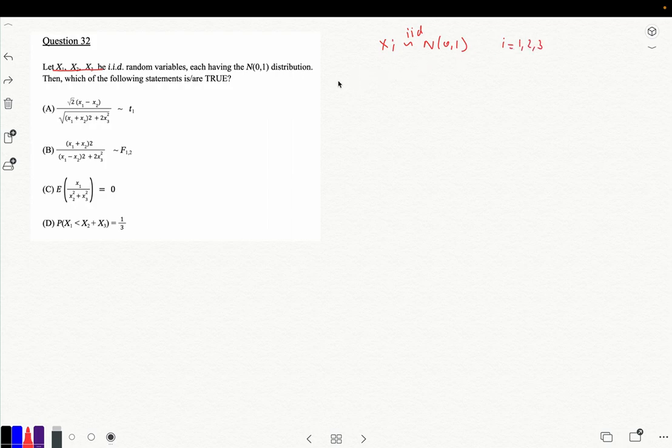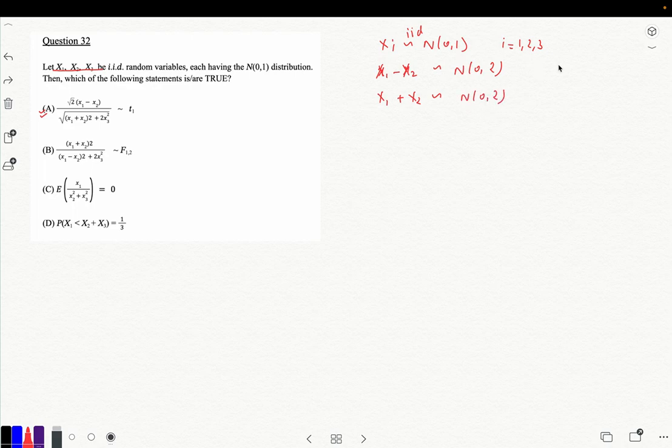Okay, so let's talk about this A part. What are the variables in the A part? That is x1 minus x2. So what is x1 minus x2? x1 minus x2 would follow normal 0, 2, right? And x1 plus x2 would also follow normal 0, 2.